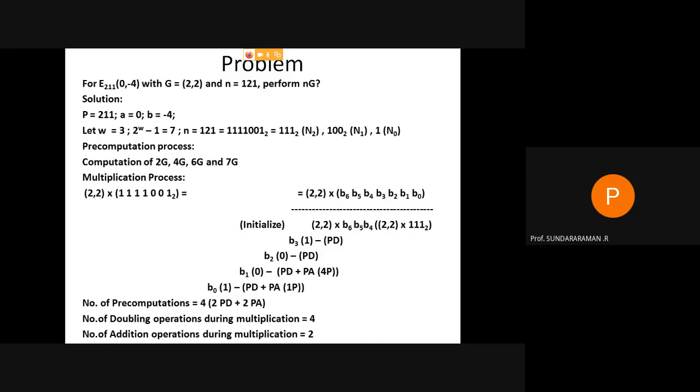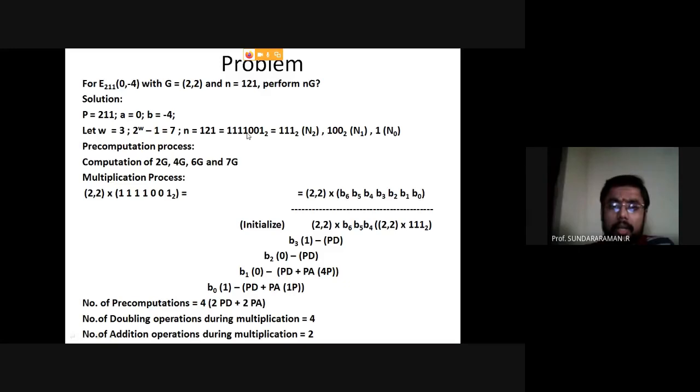The bits are b6, b5, b4, b3, b2, b1, b0. So b6, b5, b4 is one group, b3, b2, b1 is another group, and b0 is a separate group. So first 3 bits n2, next 3 bits n1, last bit is n0.